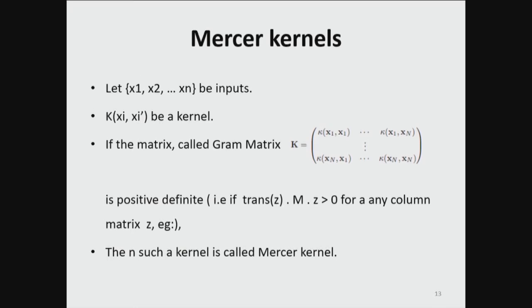Suppose M is the matrix, or K is the matrix in this case, we call it M, the matrix in general. Then we choose any column matrix Z, take the transpose of that Z, multiply that by M, and multiply that net product by Z. If that is greater than 0, then such a matrix M is said to be positive definite.